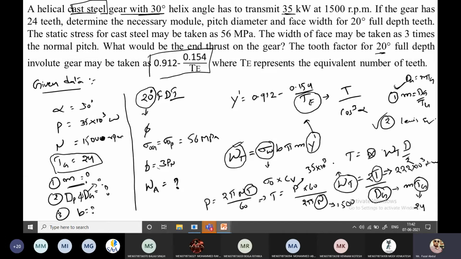So 1860 newtons by module. So this is the tangential load acting on the gear material.